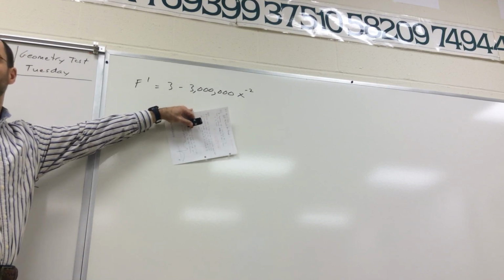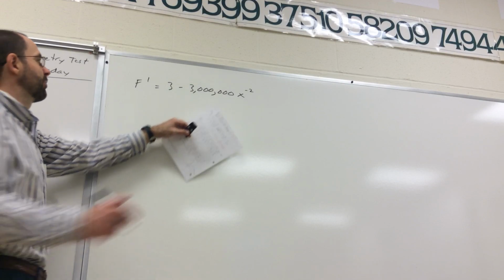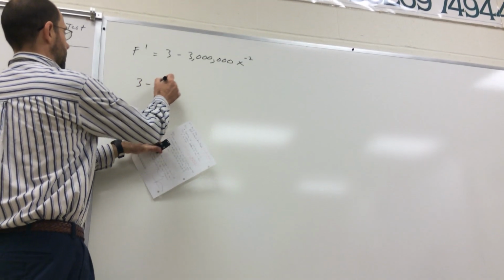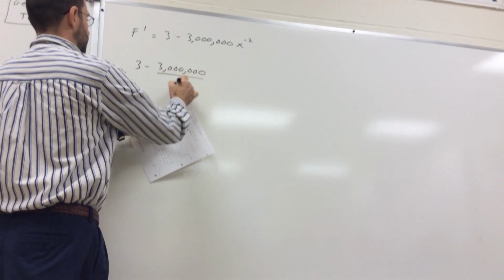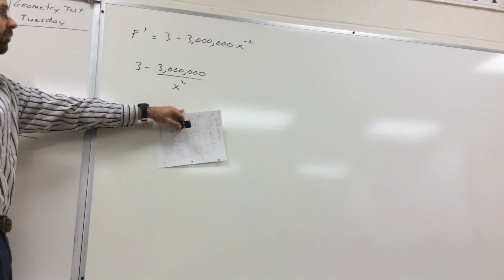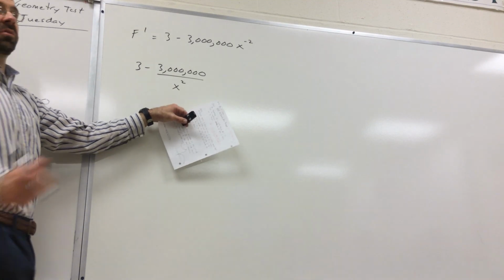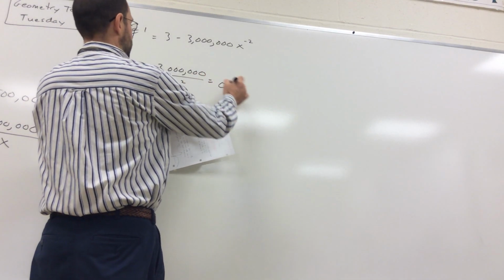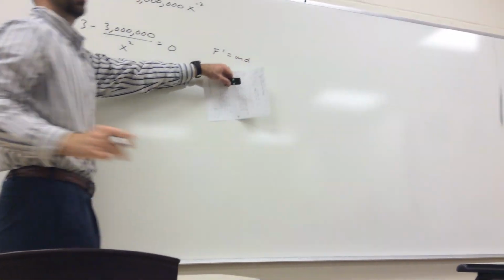And then subtract 1 from negative 1, you get negative 2. So rewriting this, it would be 3 minus 3 million over x squared. And we're setting that equal to 0, and also equal to undefined.